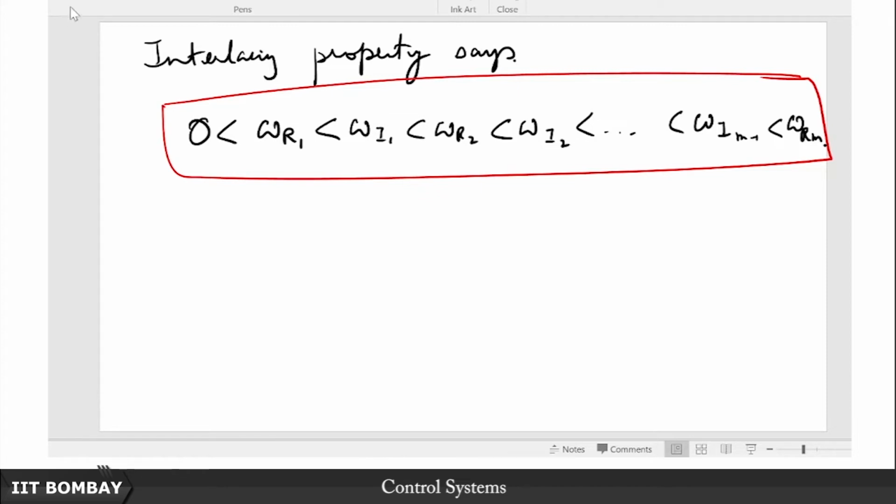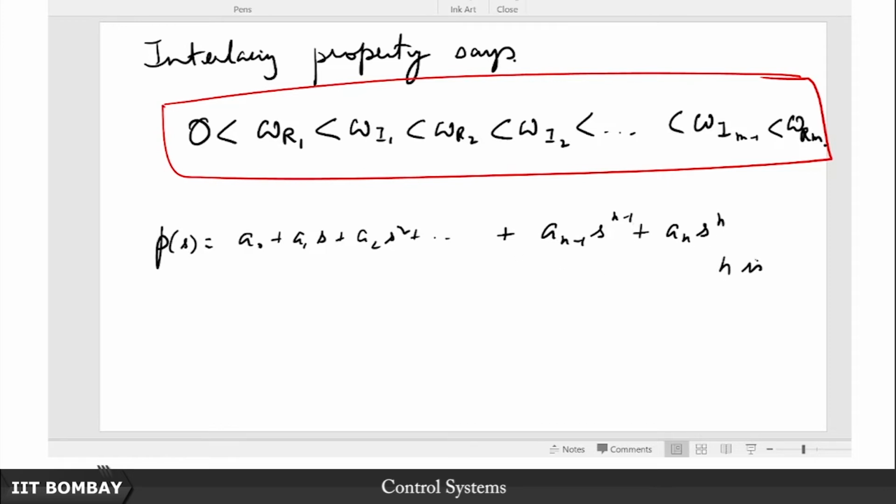Okay. So how so? For example, let us say you start with this P(s), which is a0 plus a1 s plus a2 s squared plus dot dot dot plus a(n-1) s to the n minus 1 plus an s to the n. Now clearly if you split this up, say n is even. Again for odd it is just a simple matter, you can convince yourself that it is not very different. I will just take n to be even.